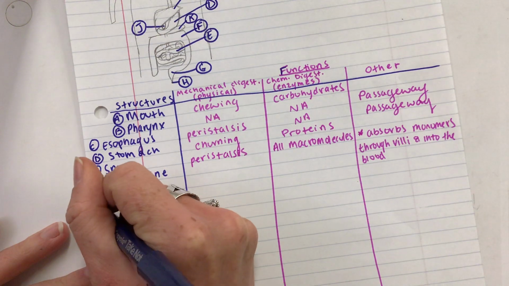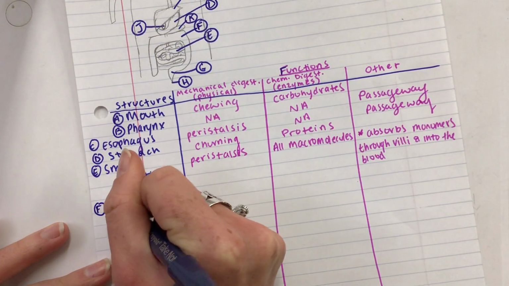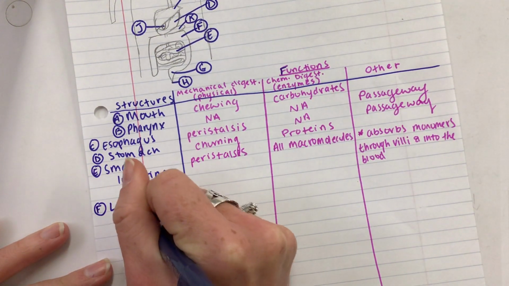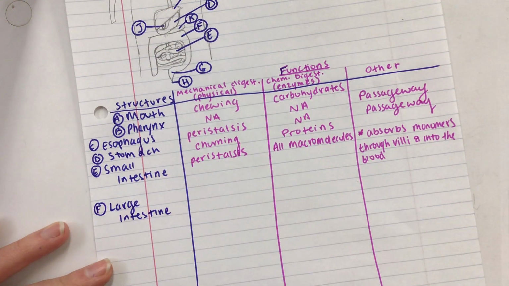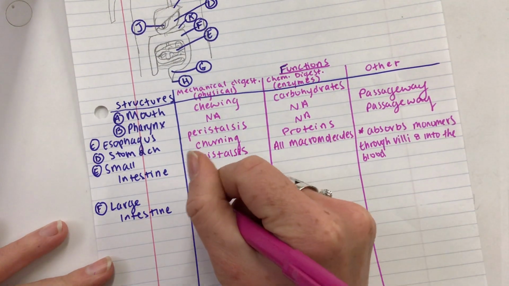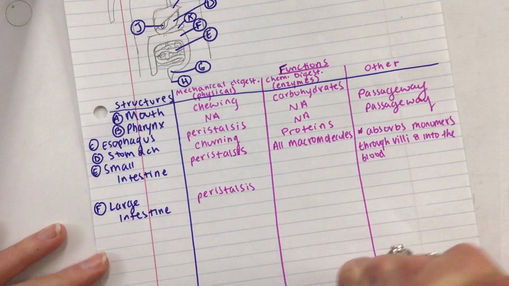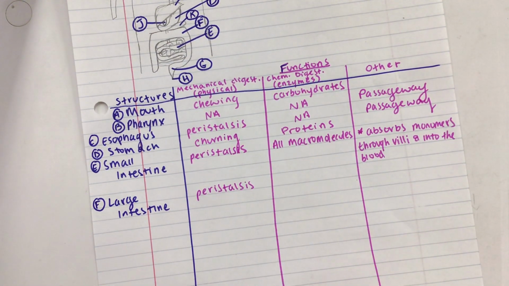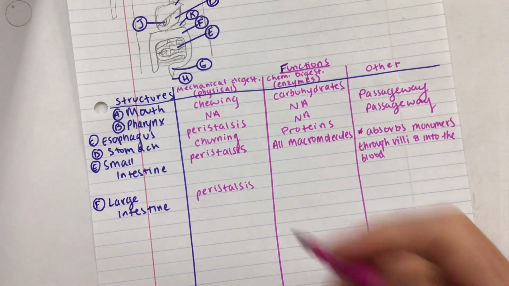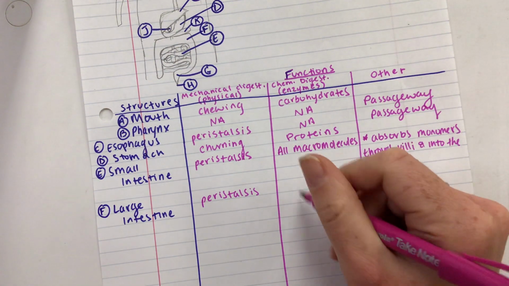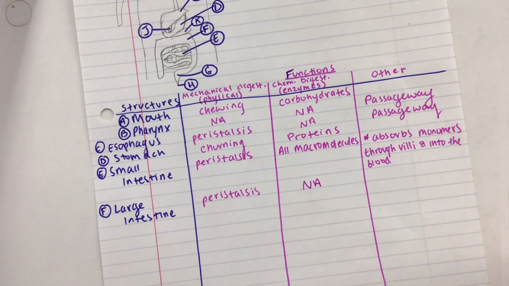So we're going to go on to F, the large intestine, which also performs peristalsis. Sort of. It's actually a little bit different, but we're going to go with that for now. It's called mass movements, like these big waves, kind of like peristalsis. No digestion. All the digestion is done at this point.